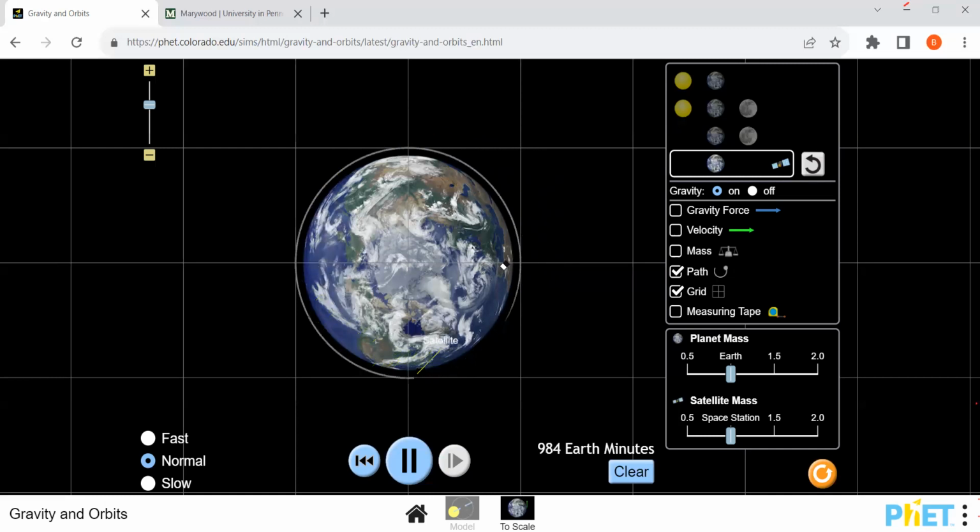And there is a centripetal force. And who supplies this centripetal force? In this case, for the satellite and planet, it's the gravity. So you see that the gravitational force is toward the center. Let me pause it.